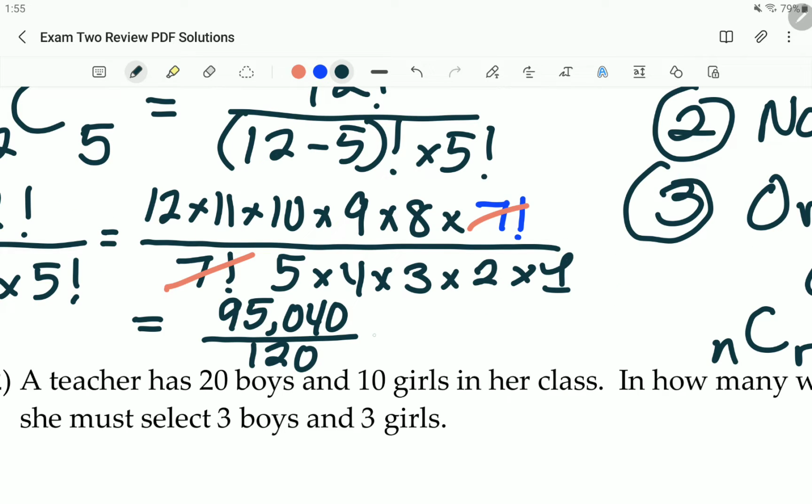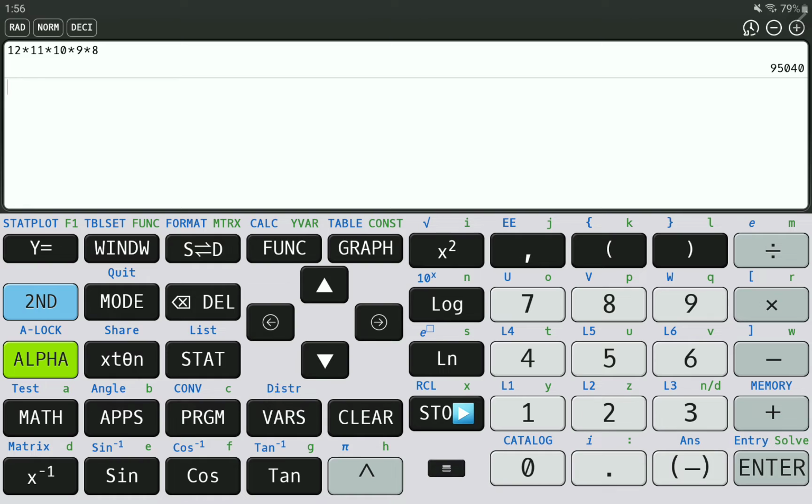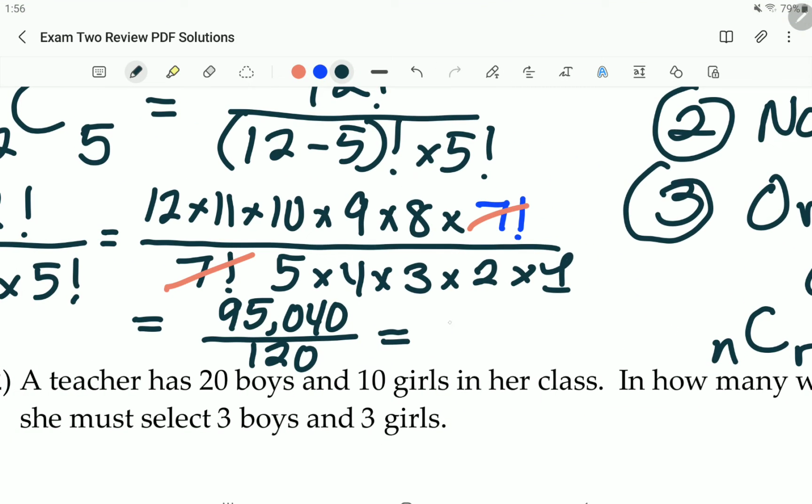And we're going to divide this number by 120, and that equals 792. And that is the answer to the question. There are 792 ways to select 5 balls from 12 if there's no repetition and order does not matter.